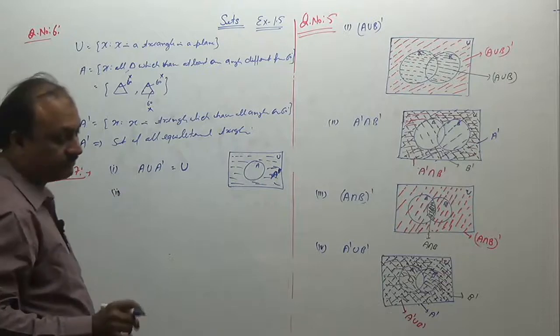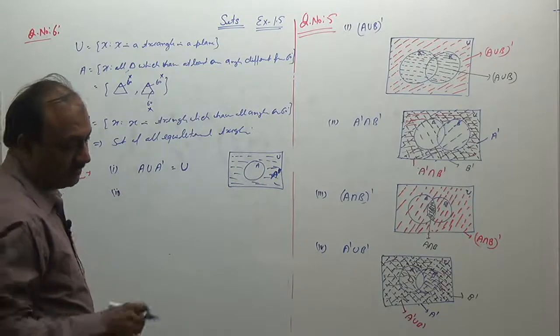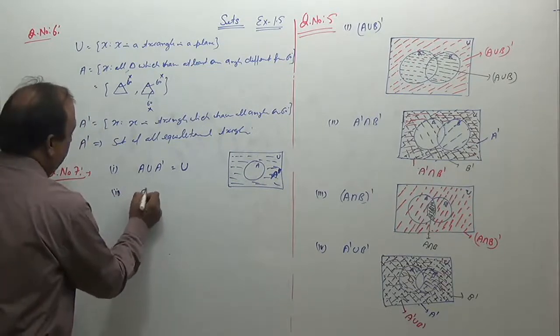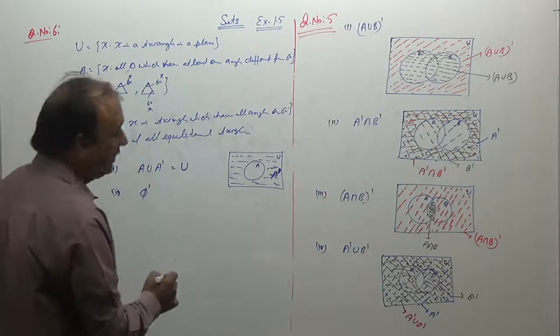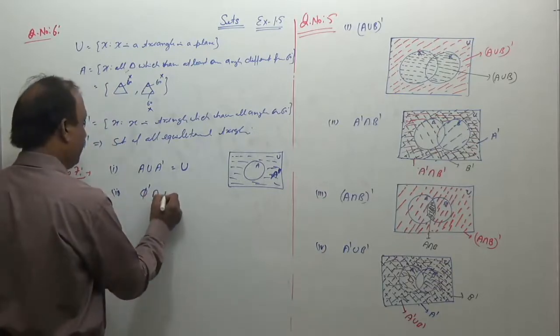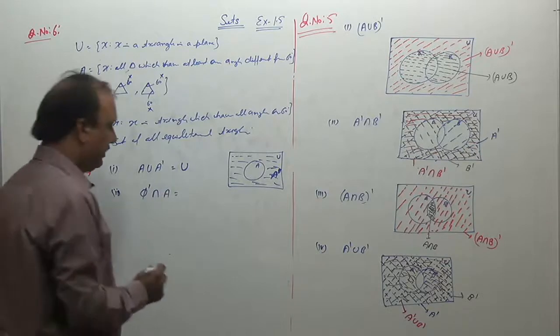Second is phi complement intersection A. What is the meaning of this?